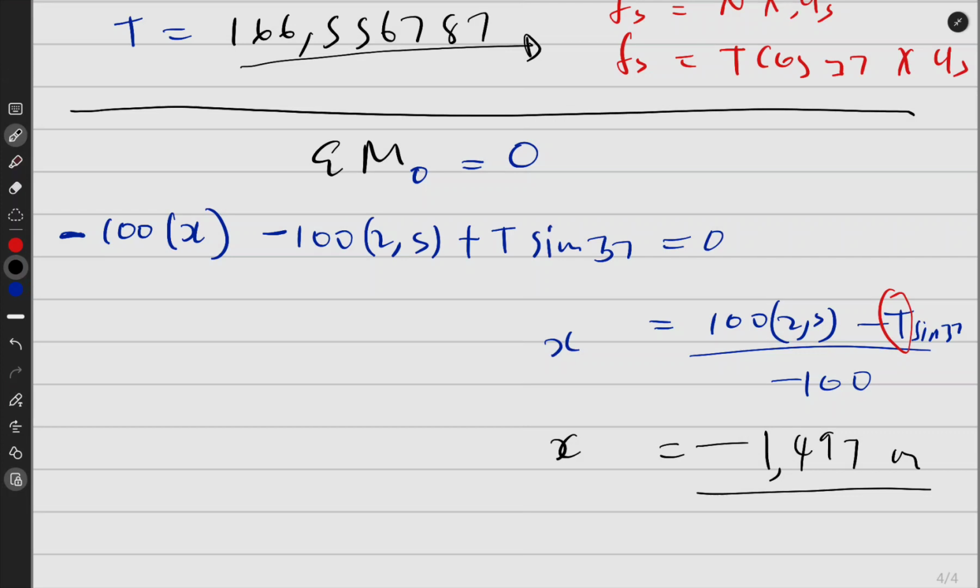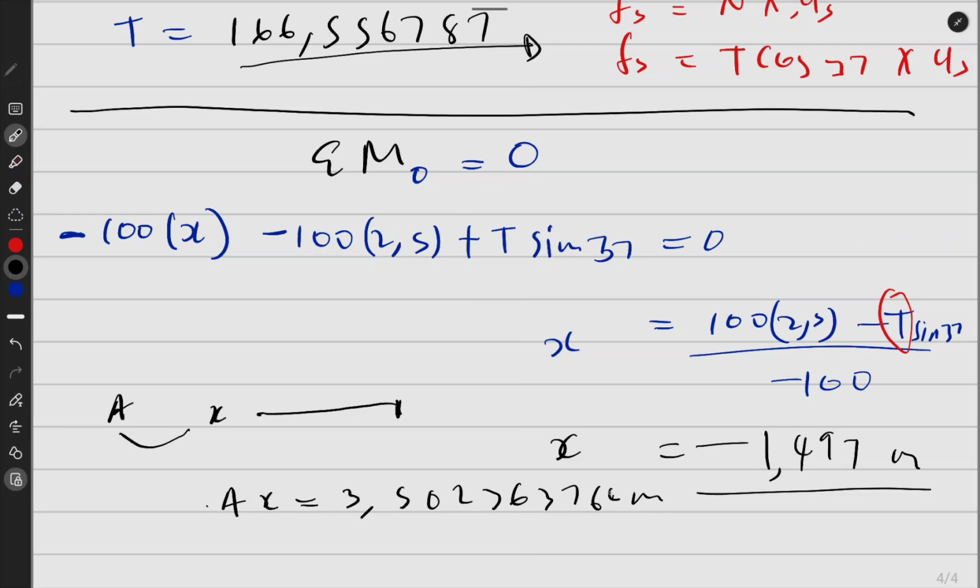It's unfortunately negative. That means it's not measured from A to X, but from the end of the beam this way, right? We just have to add 5 to it, and our AX distance is going to be 3.502363766 meters, depending on the significant figures required of you.